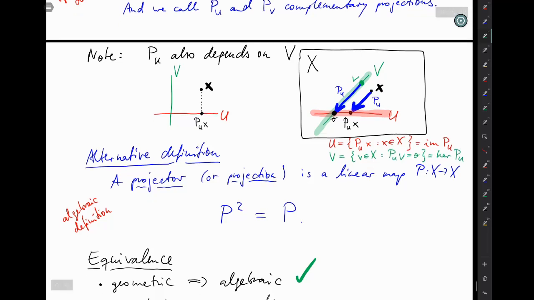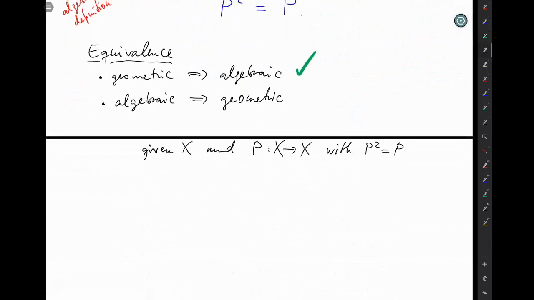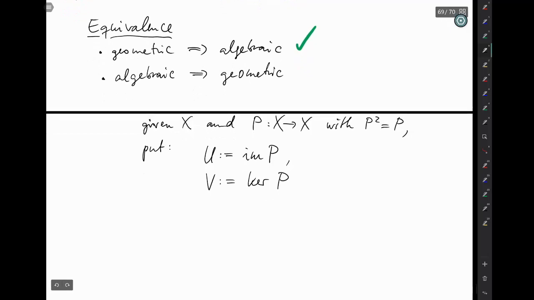Excellent. Now that was quite an inspiration. Let's take that one right here into our abstract algebraic world. So given the space X and our projector P, let's put a space U equal to the image of P and our space V to the kernel of P. Okay, and then we claim that those sets U and V are subspaces of X, but we can already tick that one because the image is always a subspace of that space here, and the kernel is always a subspace of that space here.